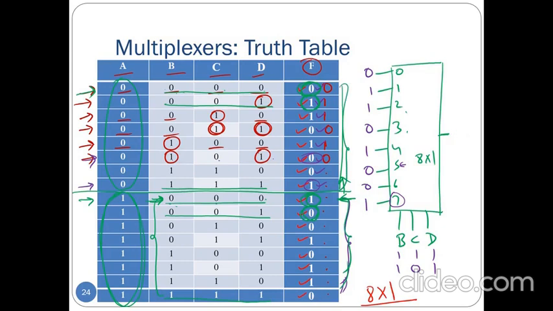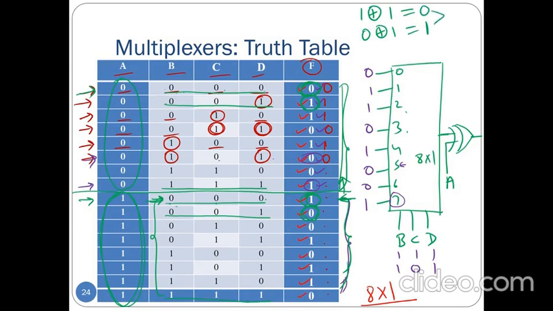There are multiple ways of doing this. One possible way is you simply add an XOR gate here, and feed the value of A over here. Recall that 1 XOR 1 is 0, and 0 XOR 1 is 1.